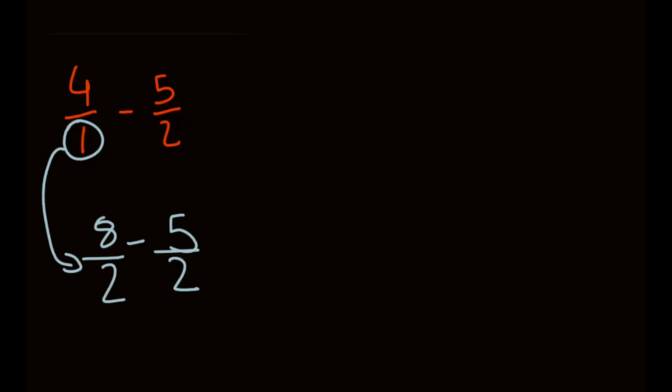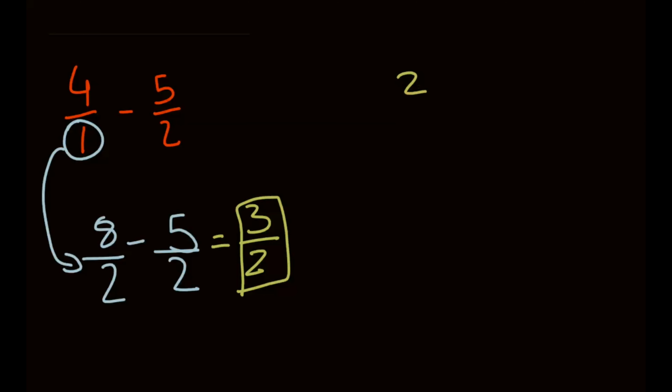Now we can subtract. 8 minus 5 is 3. And then 2 minus 2? Well, we don't subtract the denominator, so the denominator stays the same. So we get 3 over 2. Obviously, we need to change this into a mixed number because we cannot have an improper fraction as our answer. So how do you do that?